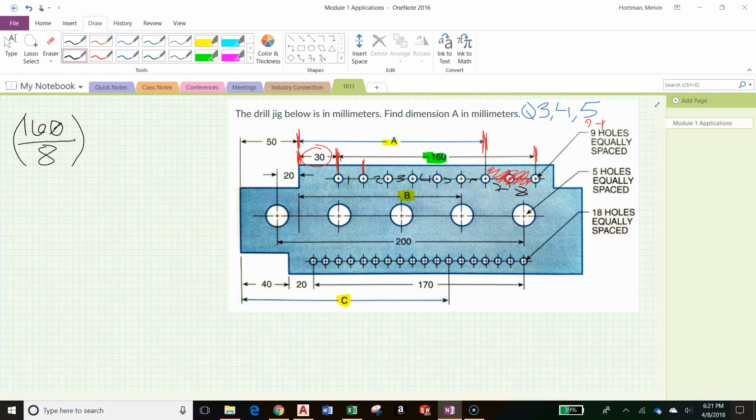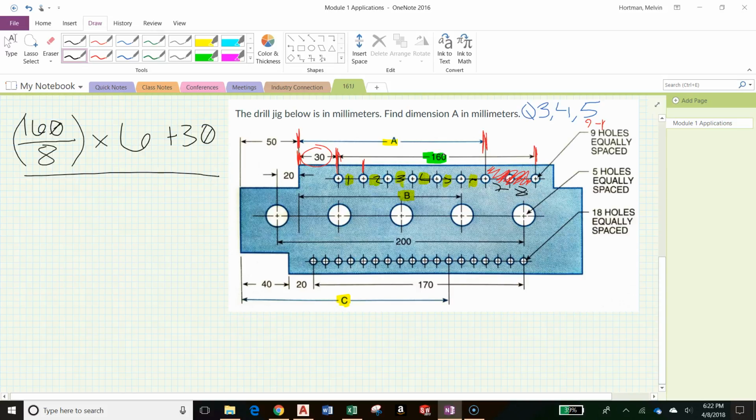I'm going to do the latter. I'm going to multiply by 6, and then we need to add 30. So this is our equation. This is what we're working with.